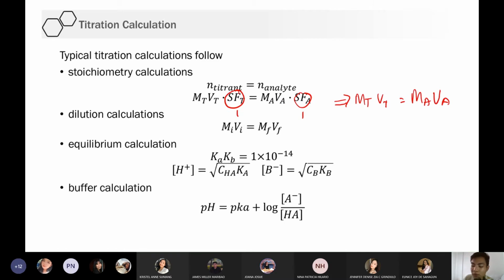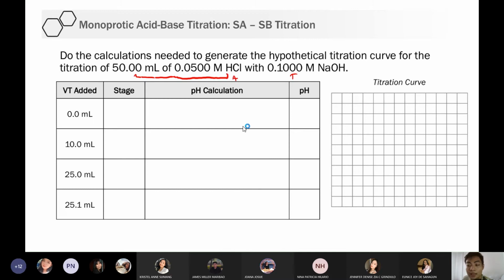So, gagawin mo muna, when you encounter this problem, identify first the equivalence point volume. Hanapin mo saan yung volume magkakaroon ng equivalence point. Okay? So, paano yon? I will use the formula MAVA equals MTVT. Okay? Aalamin ko muna yung equivalence volume. Okay?